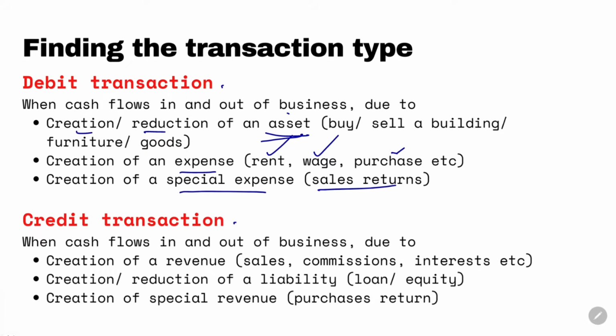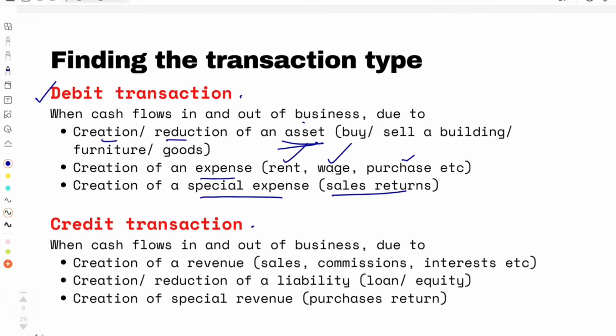For example, sales returned: you sold something, so that was a source of revenue for you, but now that good is coming back, so your revenue is decreasing. It is like you now have to pay back the money which you had with you. Whatever money you got initially, now a small portion of it you're having to give back. So it is a special kind of expense for me. So that is also a type of debit transaction.